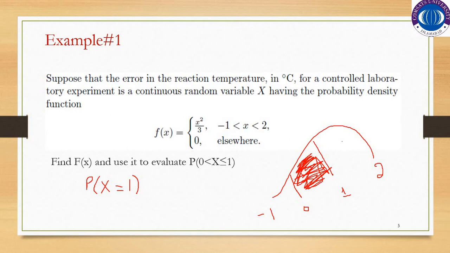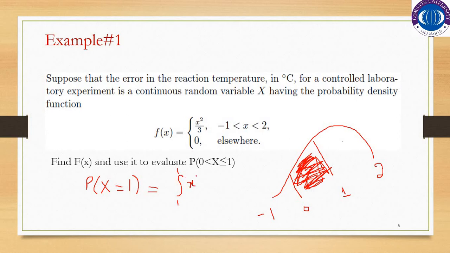Because whenever you integrate, you are finding the area between 2 points. Here we have only 1 point. So how can you find the area? Let's say you integrate this function at x is equal to 1. That means you are finding the area at the particular point 1, so the lower and upper limit should both be 1.